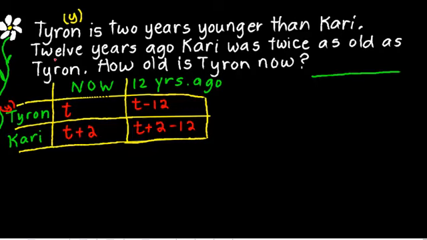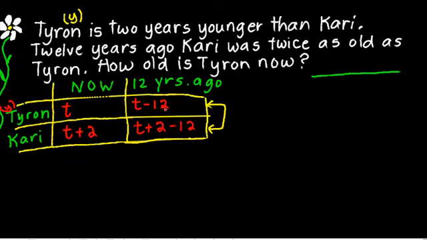So the second sentence says, 12 years ago, Kari was twice as old as Tyrone. Here's where I'm basically being given another way to write Kari's age. Here you've got to be really careful, because what you're doing is comparing both of their ages 12 years ago, and you've got to be careful about whose age you double, and make sure you're really aware of who's younger.